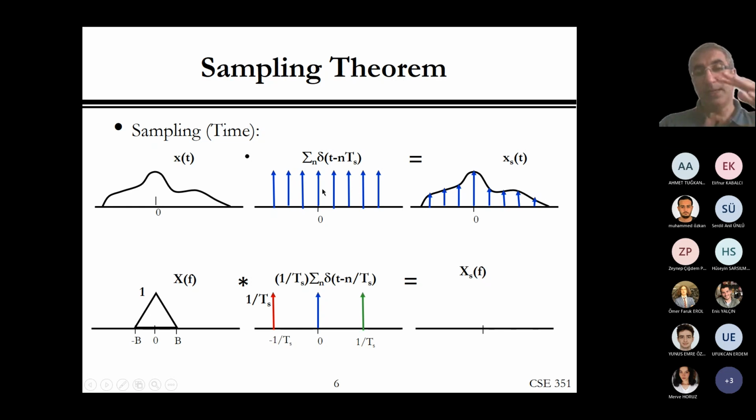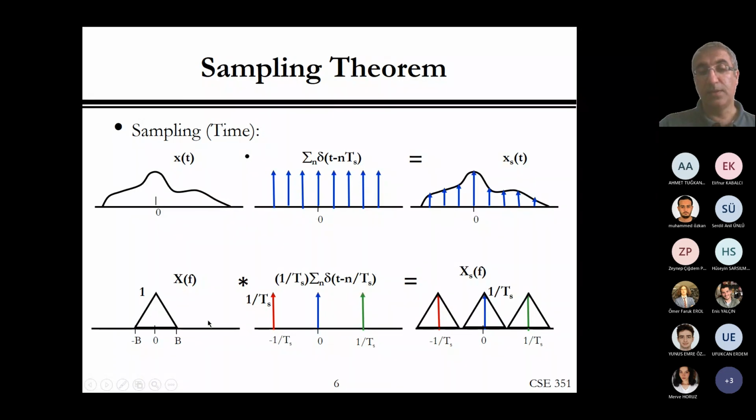In time we multiplied this shape with this impulse train, but here it is not a multiplication, it is a convolution. So we pass this triangle shape over this impulse train, and the convolution looks like this. You pass over all these and you see a blue one, a red one, and a green one. The center of each triangle is separated by 1 over Ts, which is my Fs, the sampling frequency.